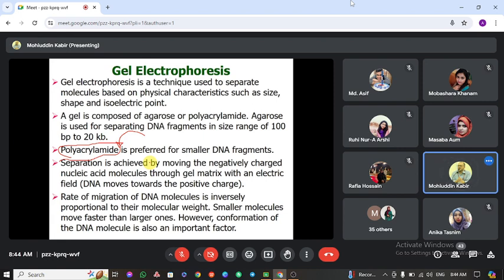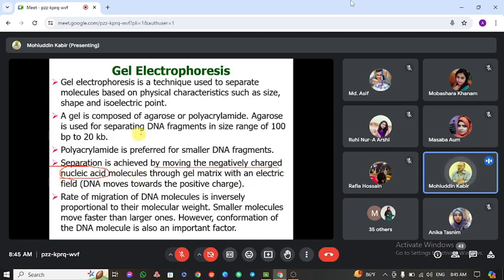Now, in gel electrophoresis, the separation is achieved by moving the negatively charged nucleic acid molecules through the gel matrix with an electrical field. Nucleic acids are basically negatively charged.